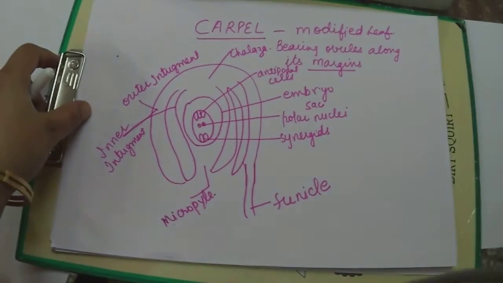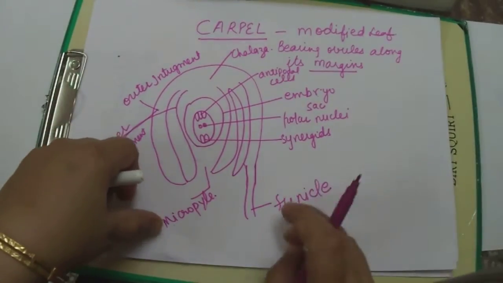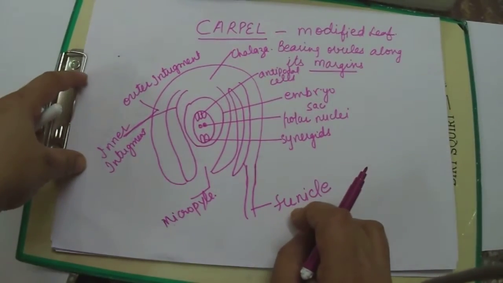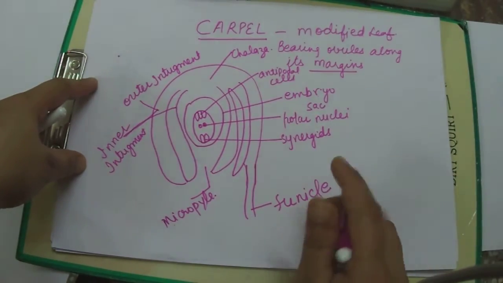Now students, we will discuss the function of each and every part of the ovule. First is funicle. Funicle is a stalk-like structure which attaches the ovule to the placenta.